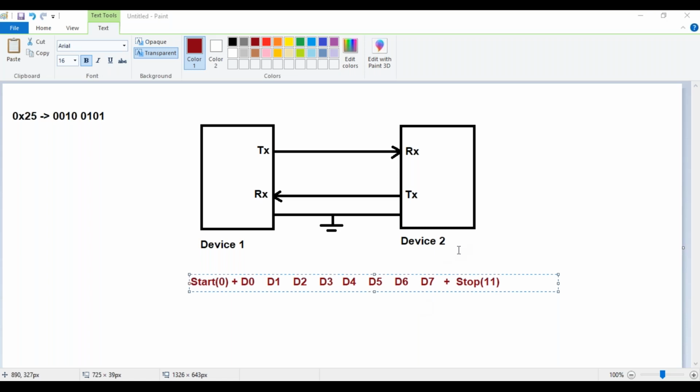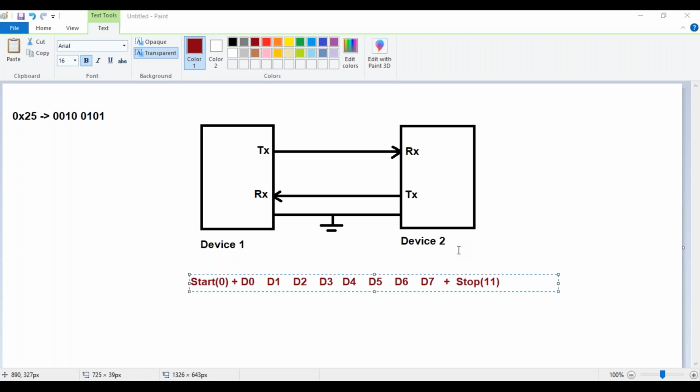Now, how will device 2 confirm whether the data it has received is right or wrong? How will it know? An acknowledgement only says that it has received, but how do we confirm whether the data is correct?